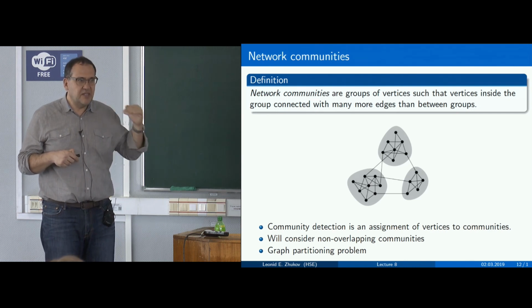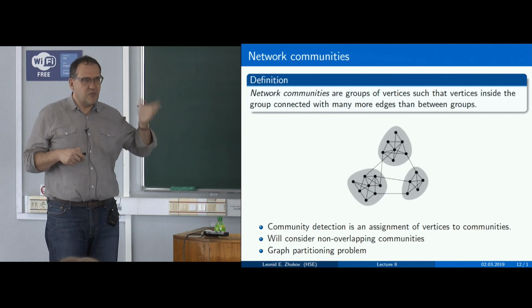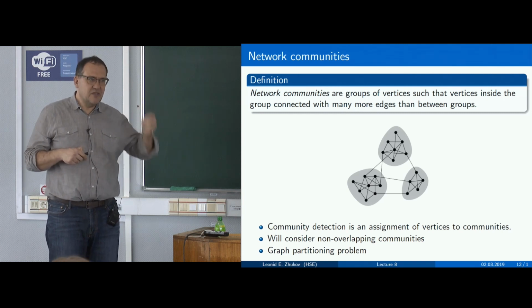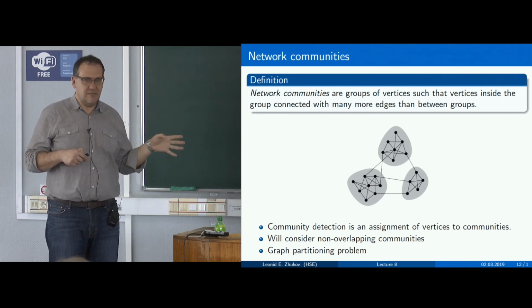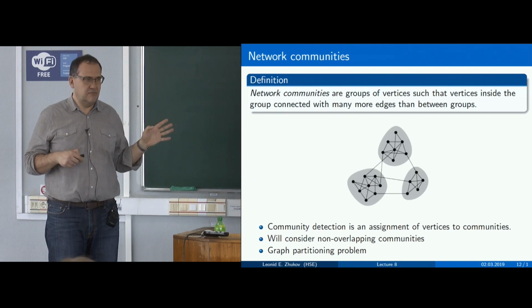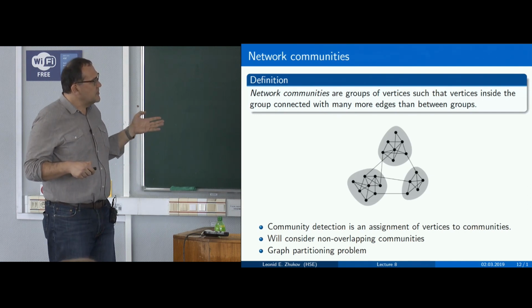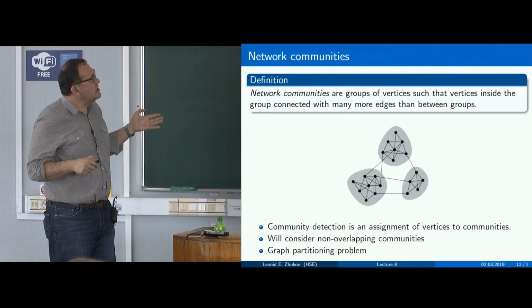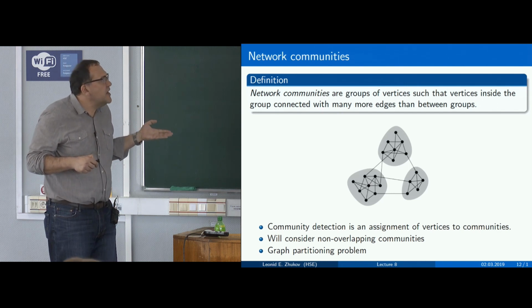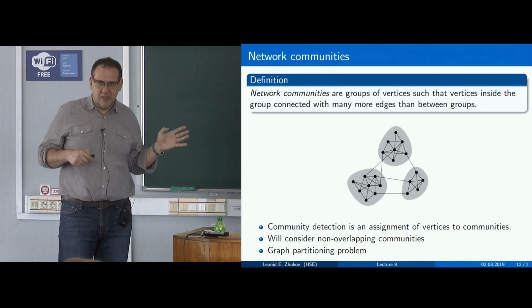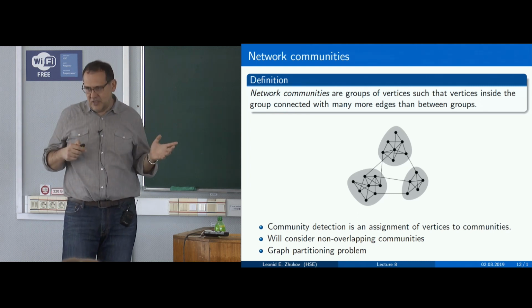There is no unique definition. With a clique, you have a very precise definition, right? It's a group of nodes, each node connected to each other node. That's it, right? And if it's not a clique, done. Here, we're saying that it's a group of nodes where vertices within the group are connected with more edges than between the groups. So it is a very, very relaxed definition.